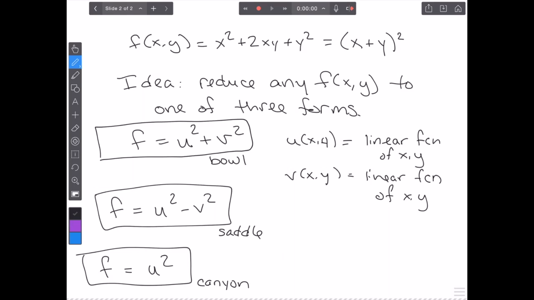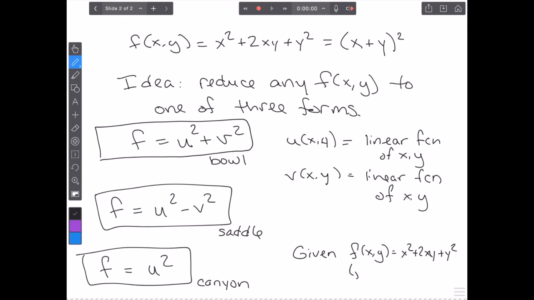And as a starting point, go back and take a look at our function x squared plus 2xy plus y squared. Originally we had it written as quantity x plus y squared. So the question would be, if I'm given f of x,y equal to x squared plus 2xy plus y squared, how do I go from that to understanding that this is a canyon function?